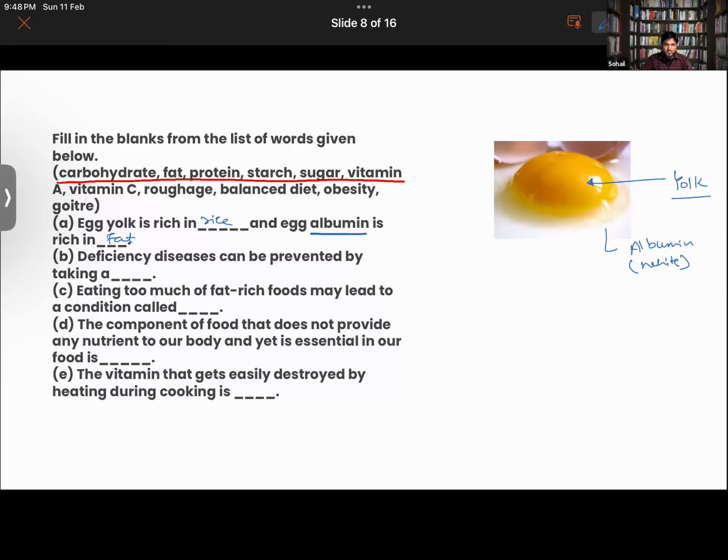Question number B. Vitamin. Very good. Next. Obesity. Good.